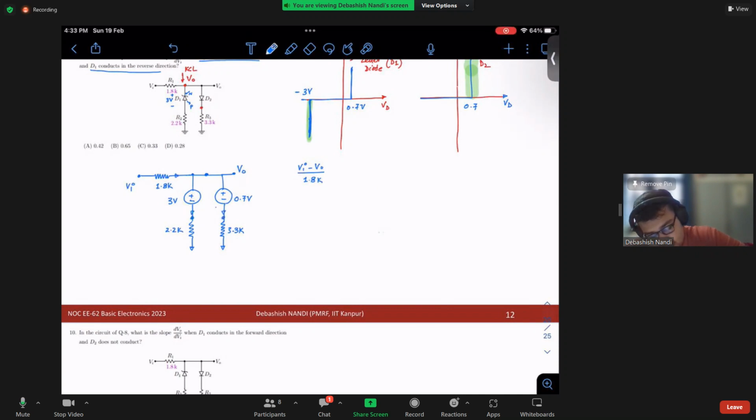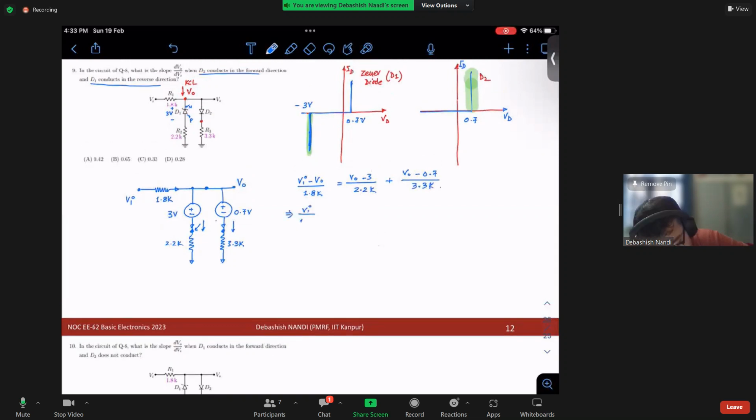This node voltage is V naught minus 3 over 2.2, and from this branch the current is V naught minus 0.7 over 3.3K. So 0.8 is equal to V naught by 2.2 plus V naught by 1.8 plus V naught by 3.3 plus some constant term.